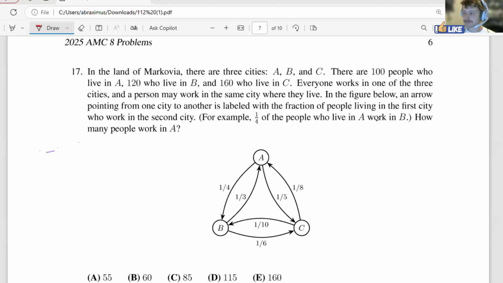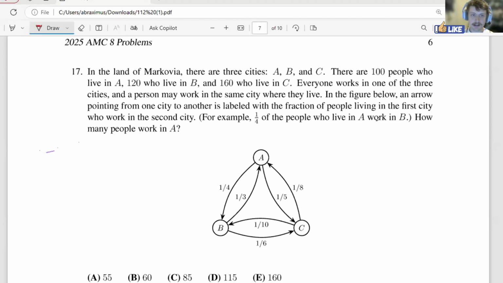All right. Yeah, I think this test was really interesting. And in particular, question 17 is related to something that I study a lot in my master's degree.